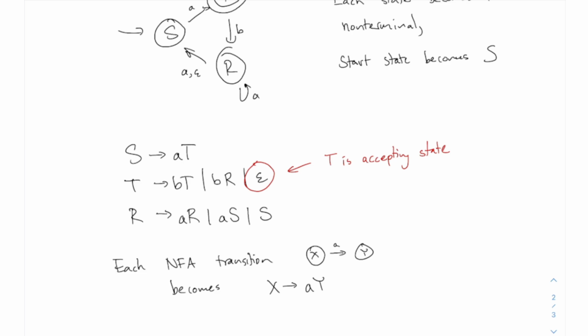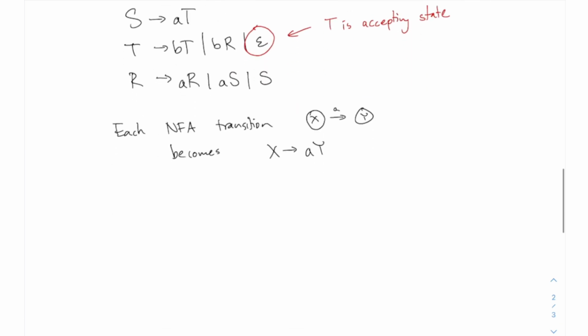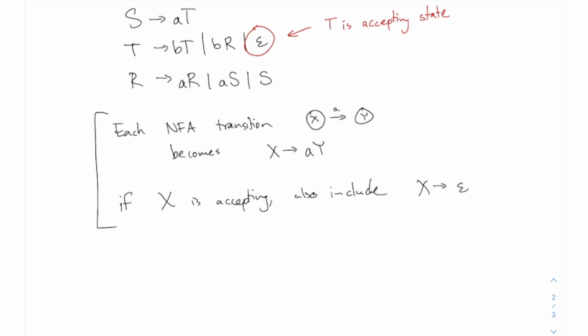And the only other thing you need to know is the accepting states. If, say, X is accepting, also include X goes to epsilon, right? I suppose you should just remember how to do this. This is how this little translation will work.